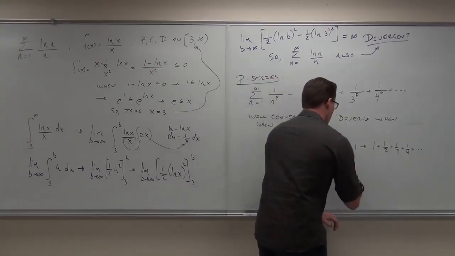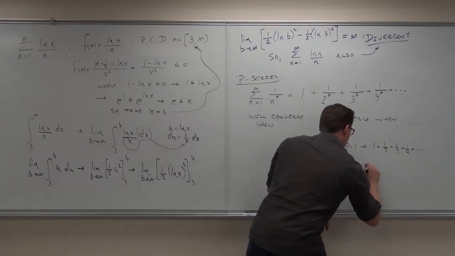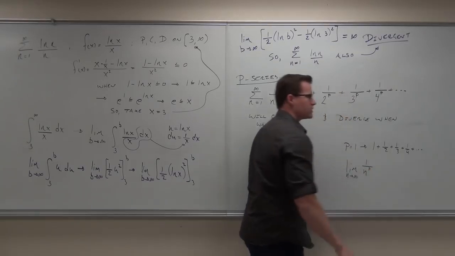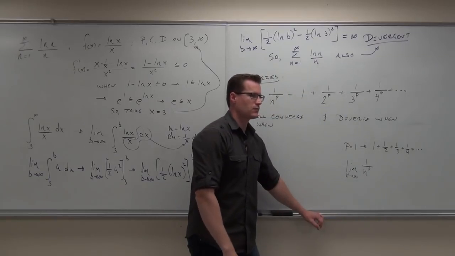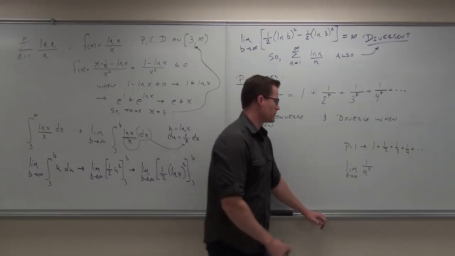If you take the limit of 1 over n to the p as n approaches infinity, and p is less than 1, we're going to get something that's divergent, for sure.